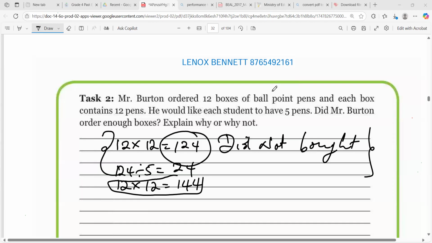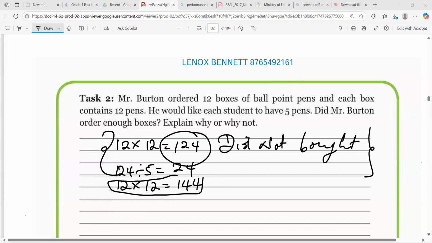Sir, the question said Mr. Burton ordered 12 boxes of ballpoint pens, and each box contained 12 pens. He would like each student to have 5 pens. And the question is, did Mr. Burton order enough boxes? So I did 12 times 12, which is 144.